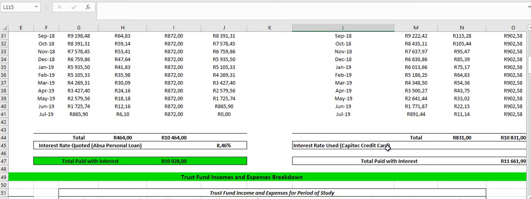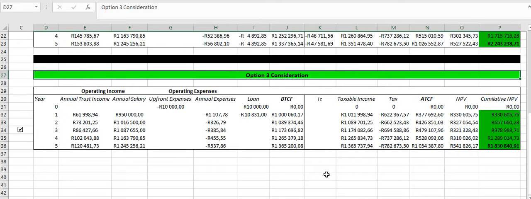All values related to option 3's analysis were carried through to the face of the NPV table, which thus yielded a cumulative net present value of 1,830,840 and 91 cents. Taking all results into consideration, the analysis validated that every option is indeed financially feasible.